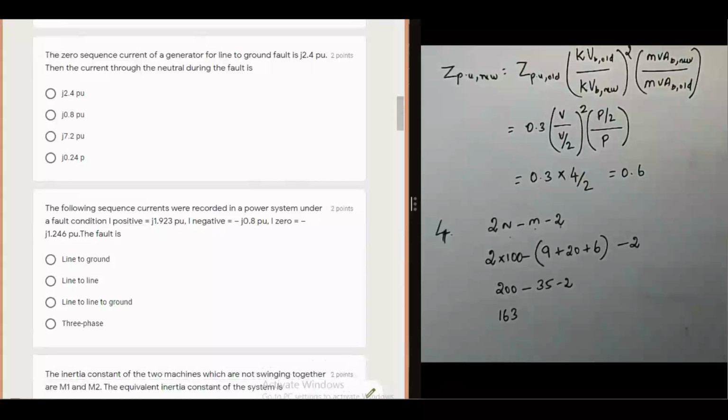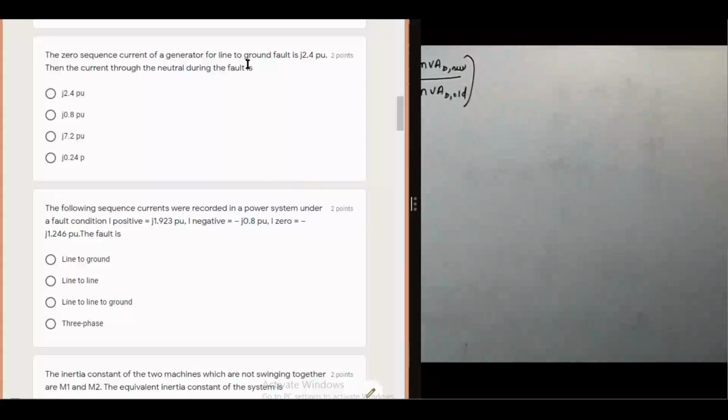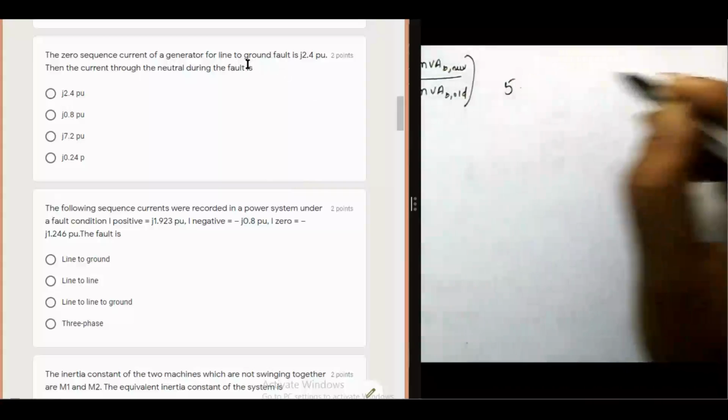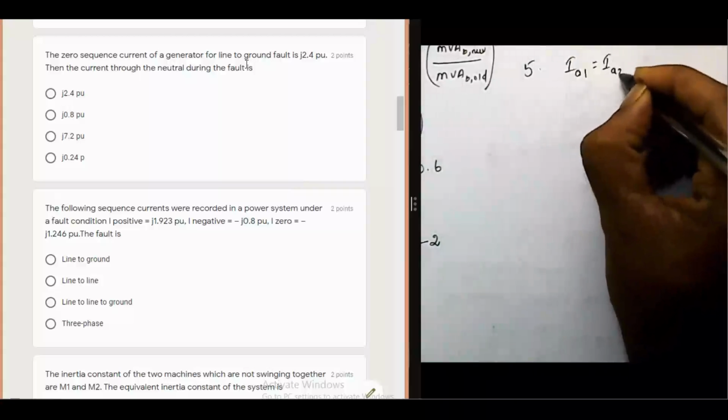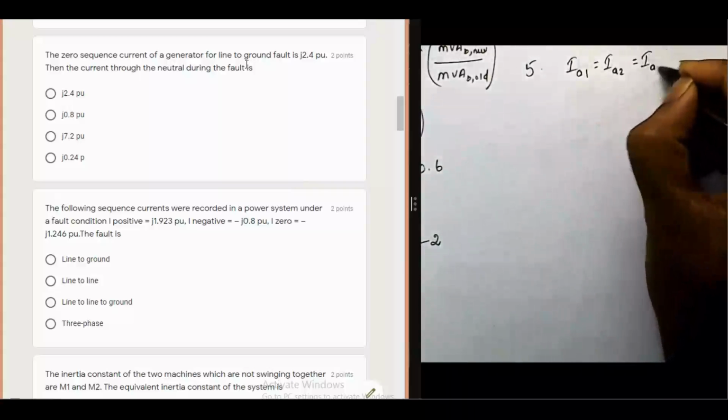Then fifth question. The zero sequence current of the generator for a line to ground fault is j2.4 per unit. Then the current through the neutral during the fault is asked. For a single line to ground fault, all sequence currents are the same: IA1 equals IA2 equals IA0.